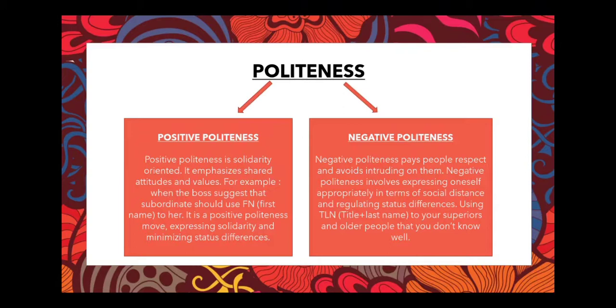And negative politeness is a way people respect others and avoid intruding on them. Negative politeness involves expressing oneself appropriately in terms of social distance and regulating status differences, using titles and last names to your superiors and older people that you don't know well.